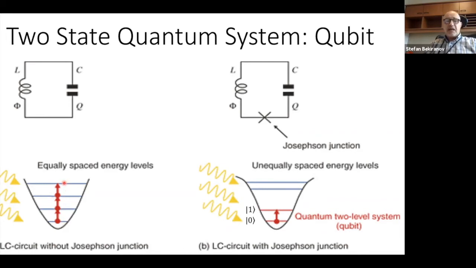And that turns out to be a situation where you can't ideally control it. So instead, the current quantum computers, and this includes IBM's and Google's, are built with Josephson junctions.